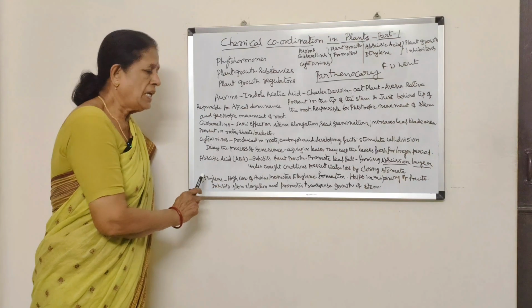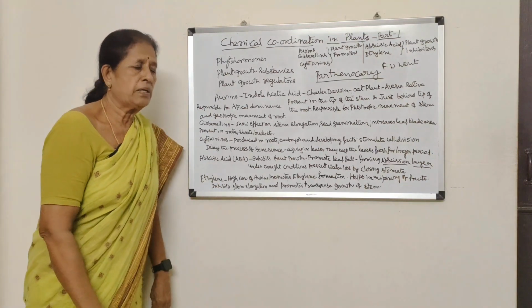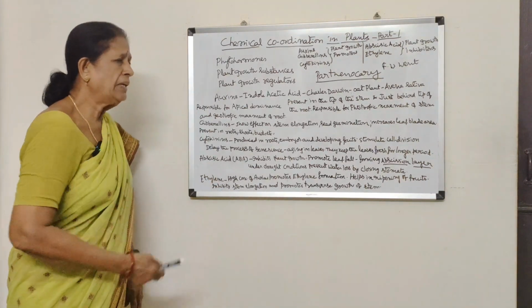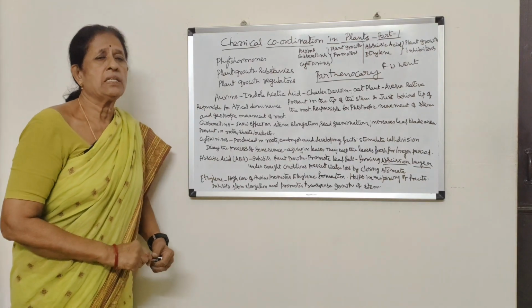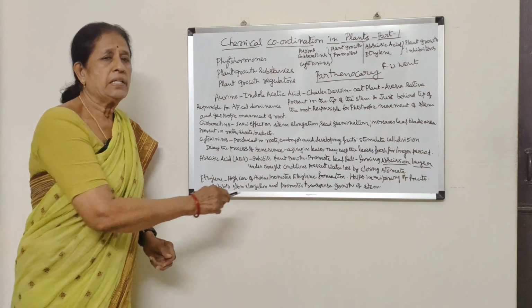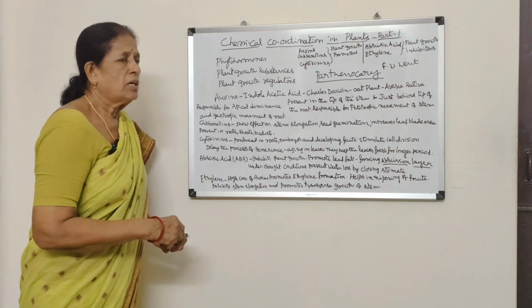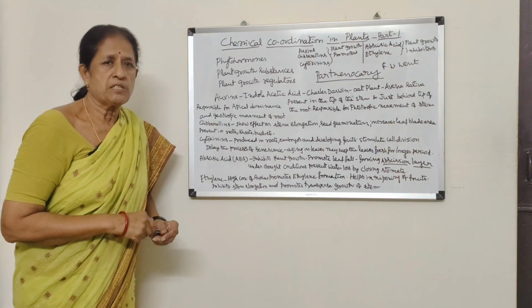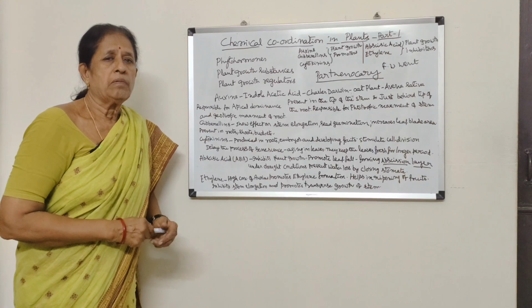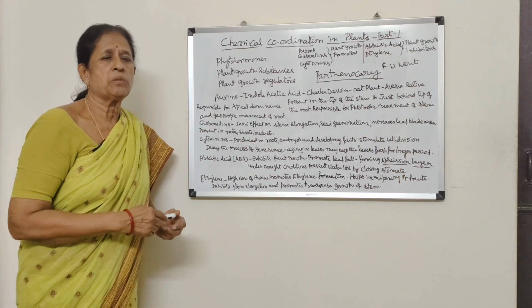And next, ethylene is another plant growth inhibitor. When a high concentration of auxins is present, ethylene is produced. This ethylene stops elongated growth of the stem, and it always helps in the transverse growth of the stem.